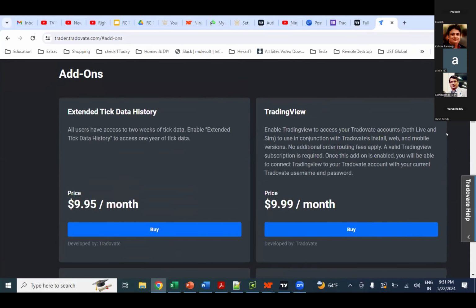Once you click on that, you can go to TradingView and connect to your Trader account from there. Okay. If not, you need to send them a customer service ticket, then they're going to add it. Okay, just refresh one more time.